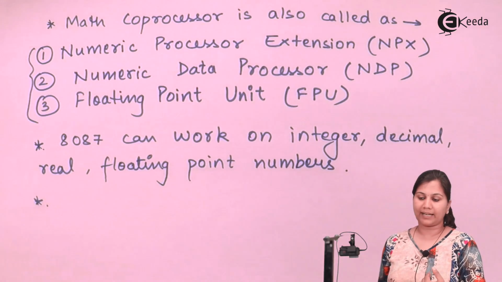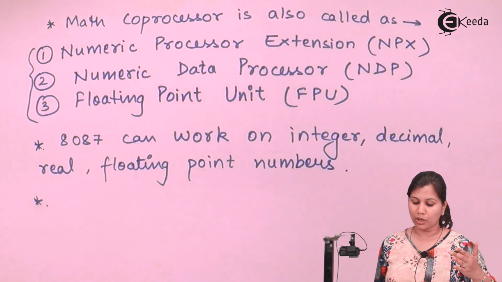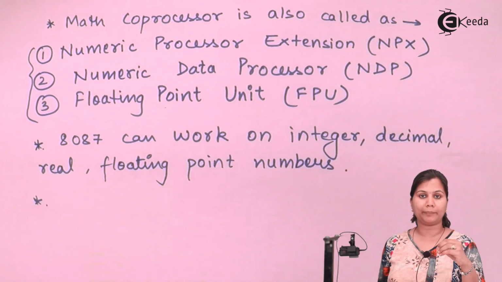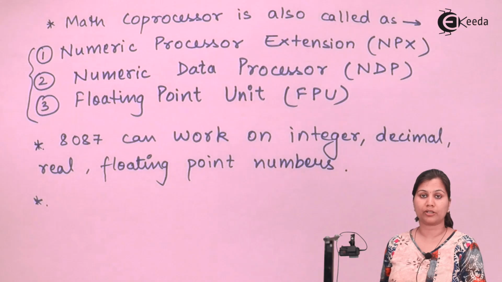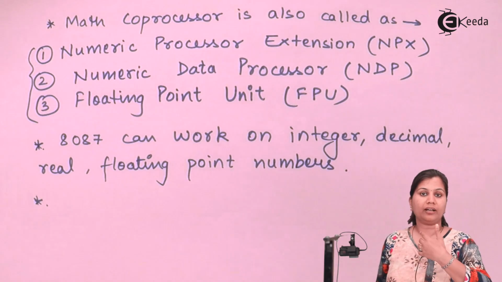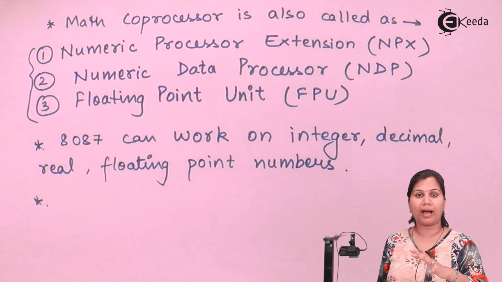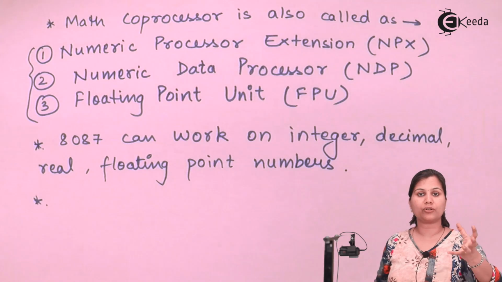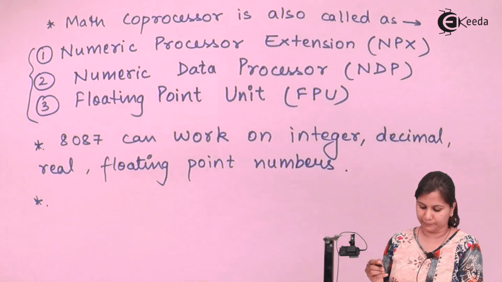Also, as I have said, it does all types of arithmetic and logical calculations. The 8087 is capable of doing complex arithmetic, trigonometric and logarithmic calculations, and all types of high speed calculations involving either large numbers or very small numbers.